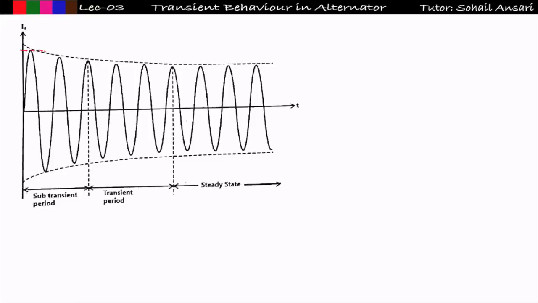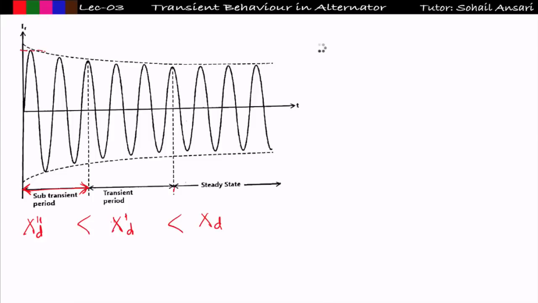So this is my sub transient period. I told you that for 1 to 2 cycles I will get the sub transient period in which xd double dash is very less. In the transient period, xd dash is greater than xd double dash, and in the steady state period I will get xd, which is greater than both.